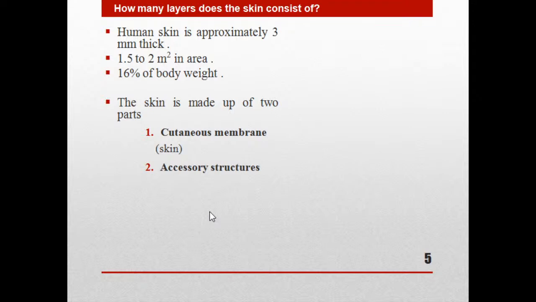How many layers does the skin consist of? Human skin is approximately 3 mm thick, 1.5 to 2 mm in area, 16% of body weight. The skin is made up of two parts, the cutaneous membrane or skin and accessory structures or skin appendages.